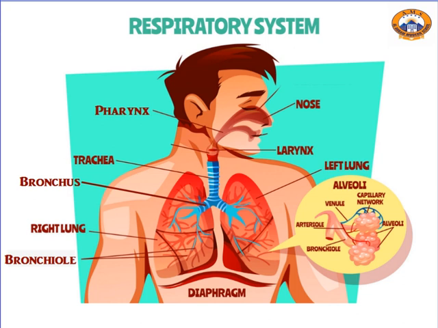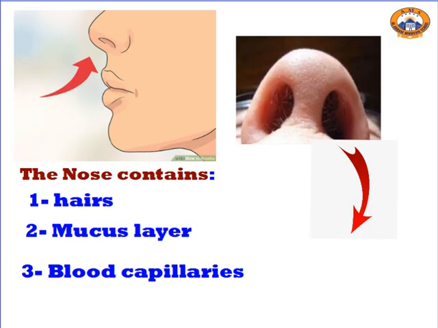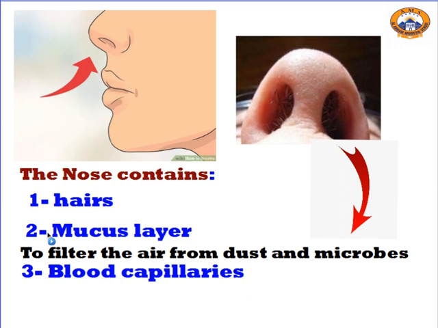Let's start with the nose. You can breathe through both your nose and your mouth, but it's better to breathe through your nose. Why? Because your nose contains three things: hairs, mucus layer, and blood capillaries. What's the importance of the hairs and the mucus layer inside your nose? They filter the air from dust and microbes, because the air entering your nose is not completely clean.